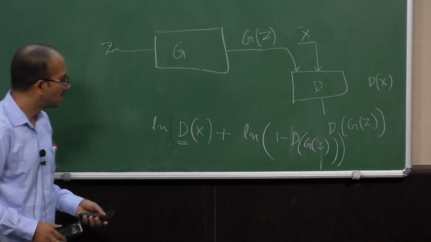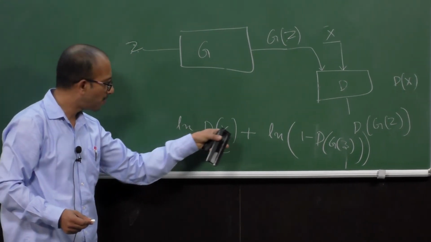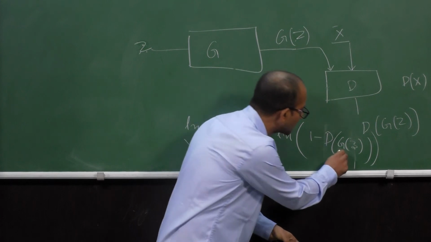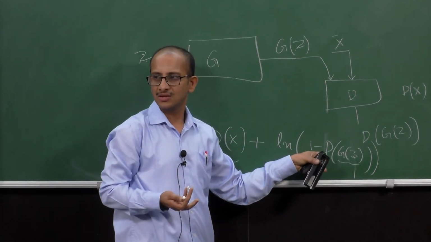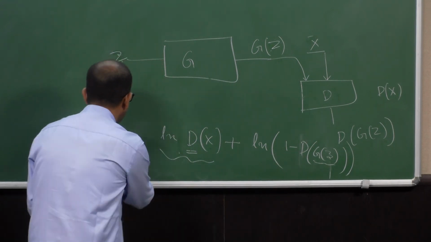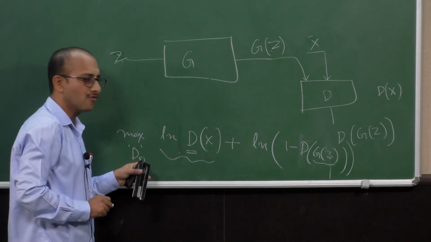The first term maximizes the probability of the real sample being correct. The second term says the prediction on G of Z is not correct, so I have used 1 minus. This objective is maximized with respect to all the parameters of D, for the discriminator training.